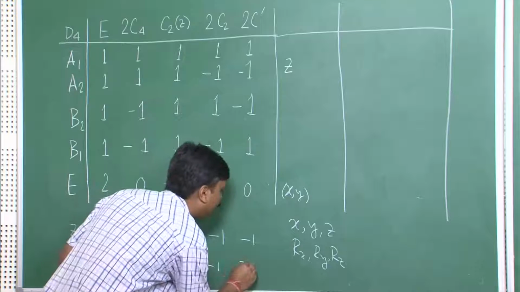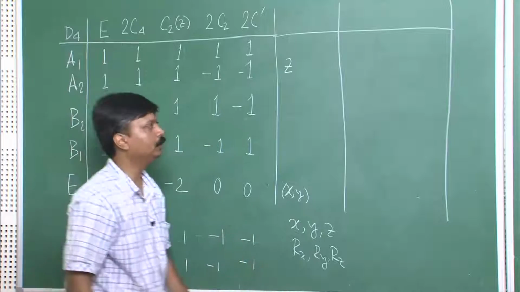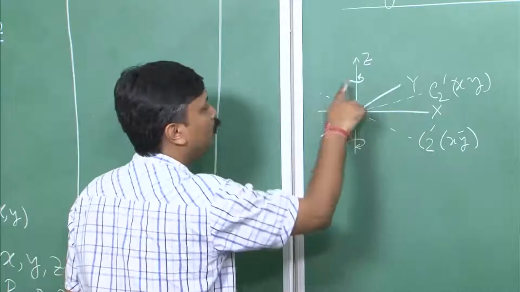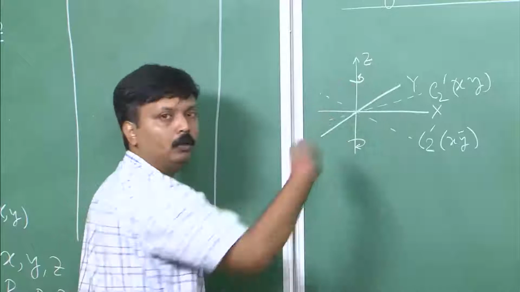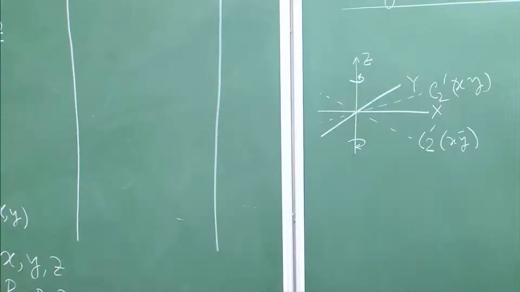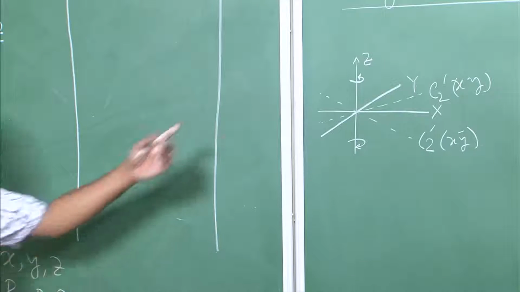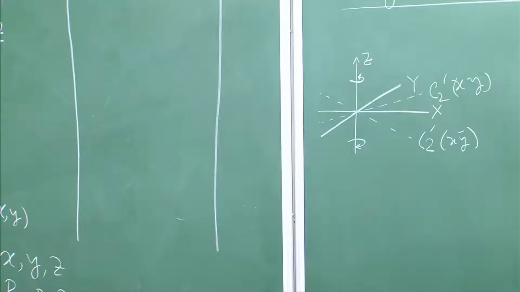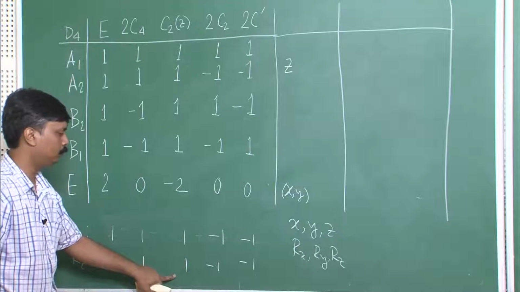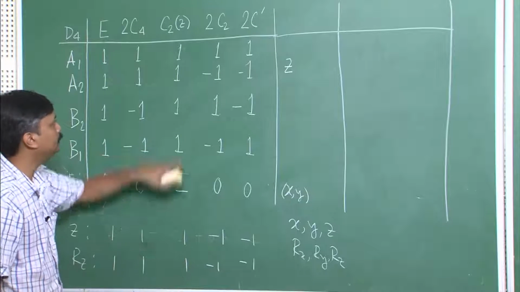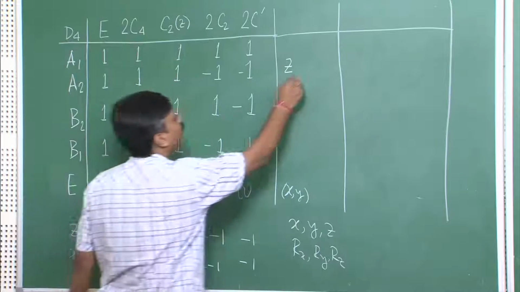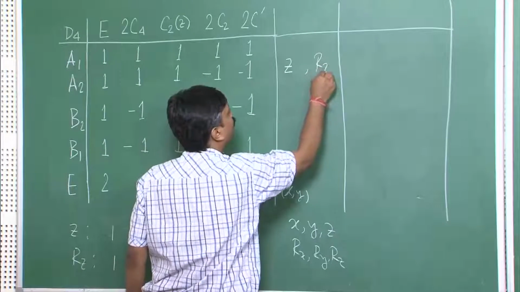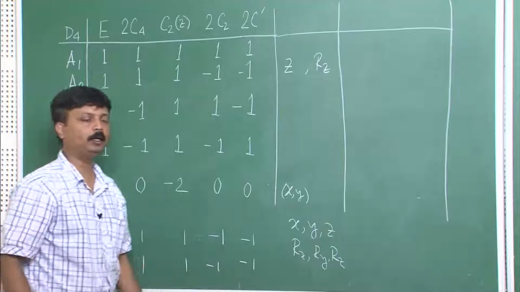So I will get -1 here, because these two will also change the directionality of this arrow here, which signifies the rotation about z axis in a particular direction. So this one also is the same as A2. So I have Rz also ascribed to this particular IR.